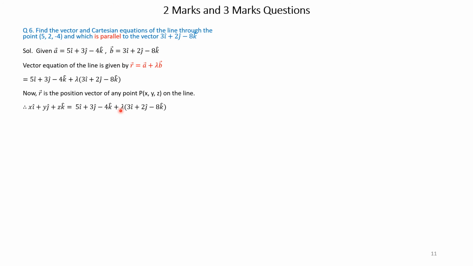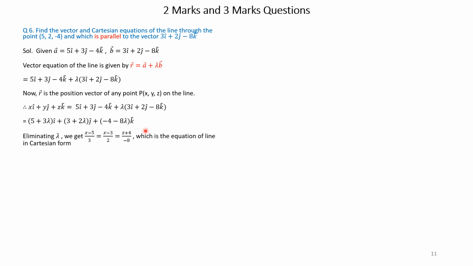Hence, r, which we can put as xi plus yj plus zk, is equal to 5i plus 2j minus 4k plus λ(3i plus 2j minus 8k). Segregating the coefficients, this is (5 plus 3λ) i plus (2 plus 2λ) j plus (minus 4 minus 8λ) k.